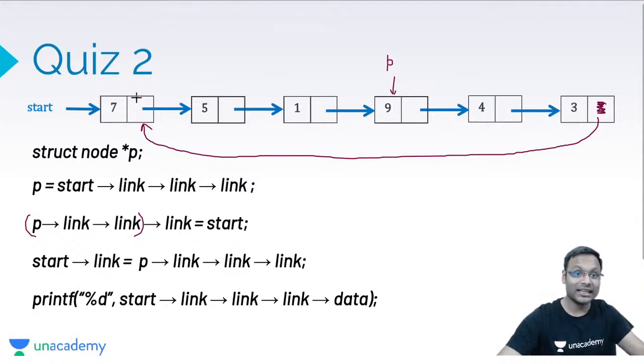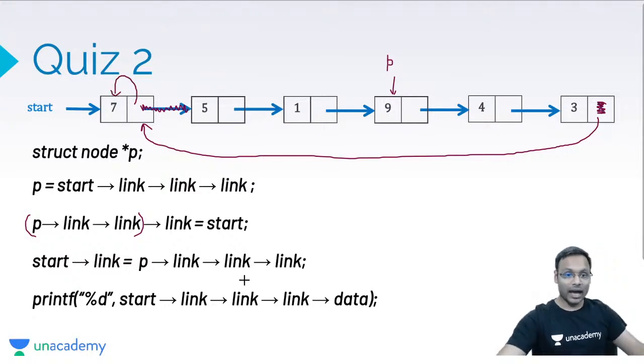Where? Start ka link. Start ka link part means this part will have the address of the first node itself, like this way. Now it will print start 1, 2, 3 and data. Start ka link same node, link same node, link same node, and its data part it will print 7.